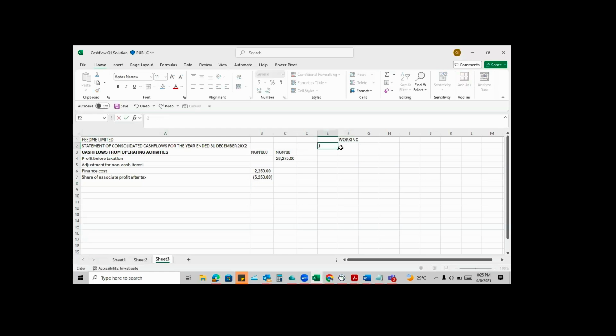So number one, I can say depreciation on freehold building. My freehold building balance brought forward in 2018 was how much? It was 33 million.